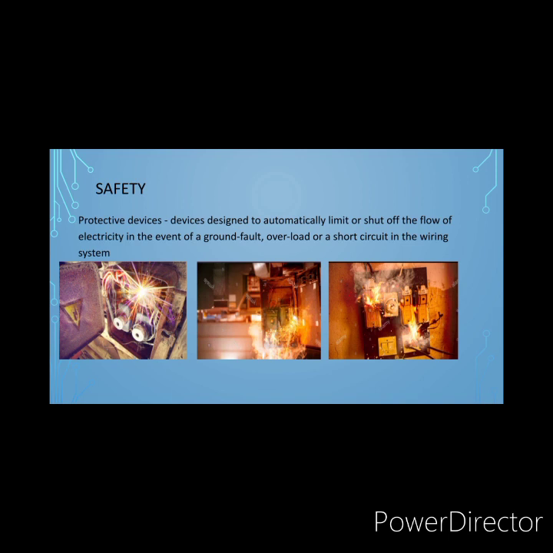So, bakit nga ba kailangan natin ng safety sa mga circuit? Ano nga ba yung dapat nating iwasan? Safety protective devices are designed to automatically limit or shut off the flow of electricity in the event of ground fault, overload, or a short circuit in a wiring system.